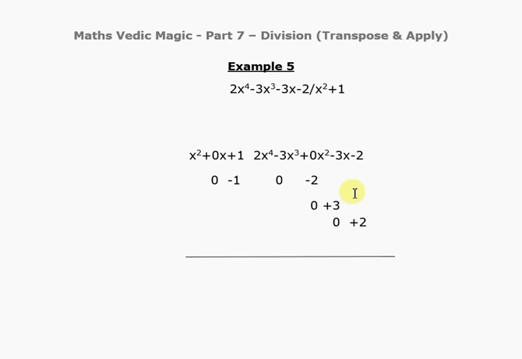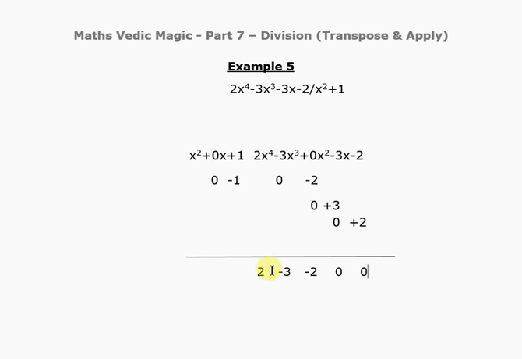So if we start from the highest power, it's 2, then it's minus 3, then it's minus 2, then it's 0, and then it's another 0. And then now let's adjust for the coefficients of x. Now in this case, the highest power of the dividend is 4 and our divisor is 2.